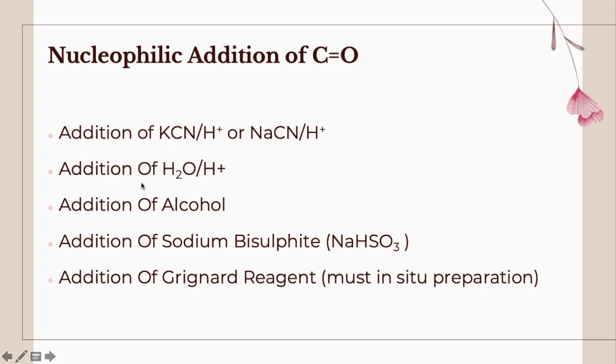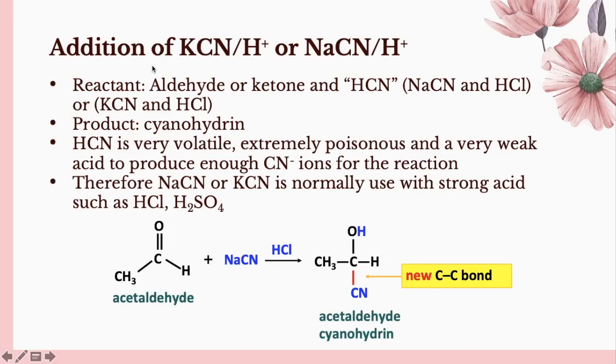Secondly, addition of water acidified, addition of alcohol, addition of sodium bisulphite, addition of Grignard reagent. It must be in situ preparation, which means it must be in the mixture. Addition of KCN in H+ or NaCN in H+: the reactant must be aldehyde or ketone and HCN.